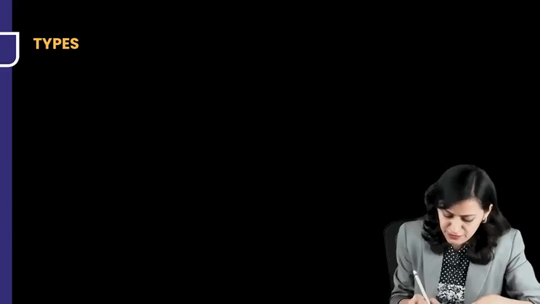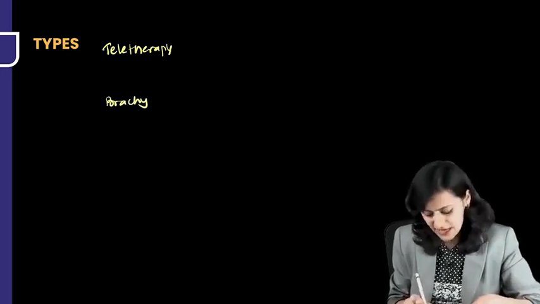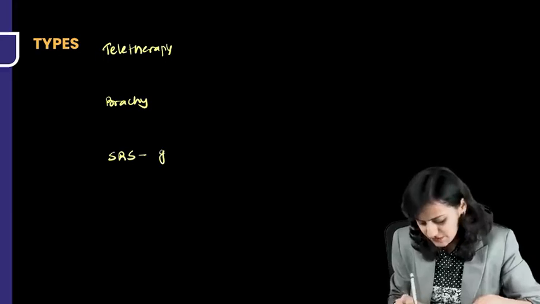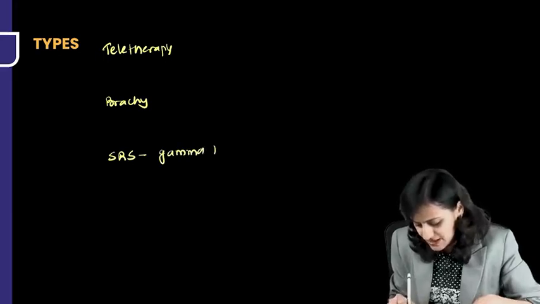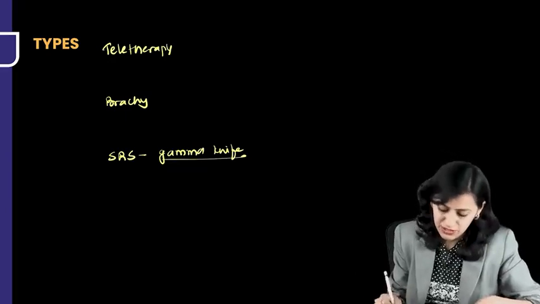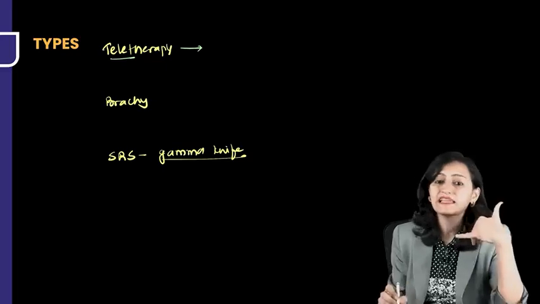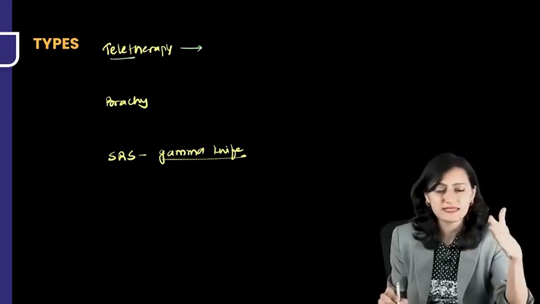Now, what are the types of radiotherapy? The types of radiotherapy are teletherapy, then we have brachytherapy, and we have specialized types like stereotactic radiosurgery, which includes the gamma knife and the cyber knife, right? So those are the various types of radiotherapy. Now in teletherapy, as the term says, tele, like telephone, talking to someone at a distance.